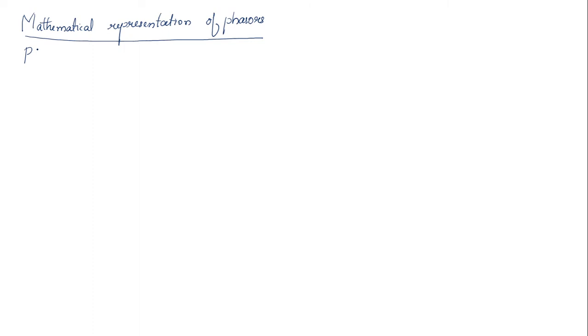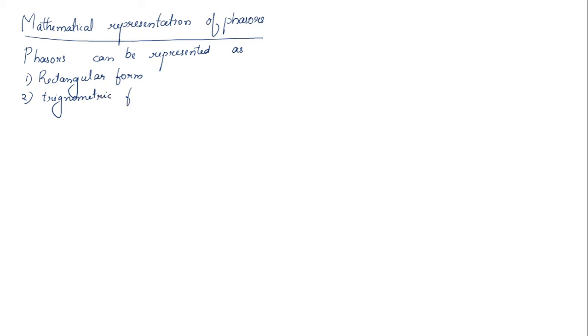Phasors can be represented as: first one rectangular form, second one trigonometric form, third one exponential form, and the last one is polar form.